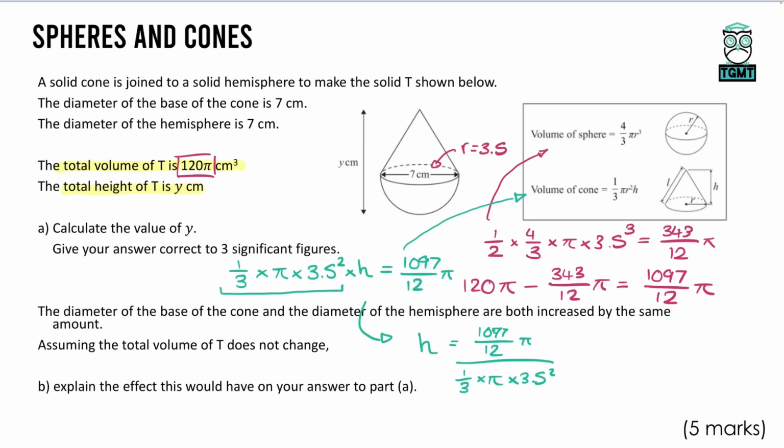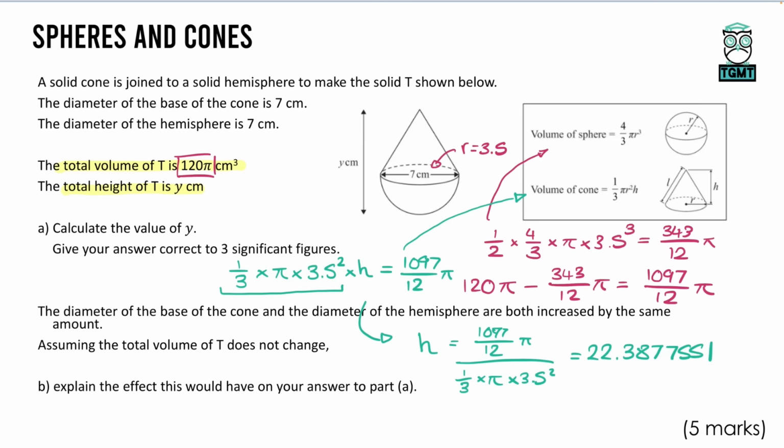That obviously looks very strange. It's fine to type it into your calculator like that. Of course, you could use the answer button, so it would say answer divided by, and then 1/3 times pi times 3.5 squared. But that comes out as 22.38775551. So that there is the height of the cone.